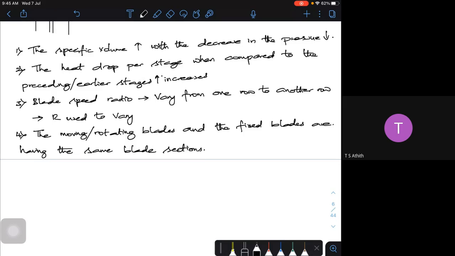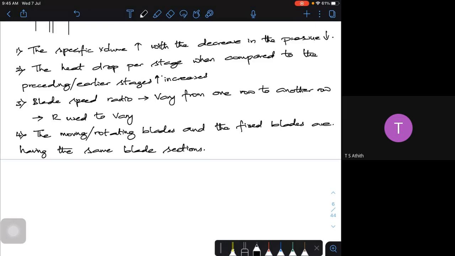These are some of the important points you have to consider when you try to obtain the expressions for your other factors, because we are trying to deal with what we call the impulse reaction turbine with R equal to 0.5.